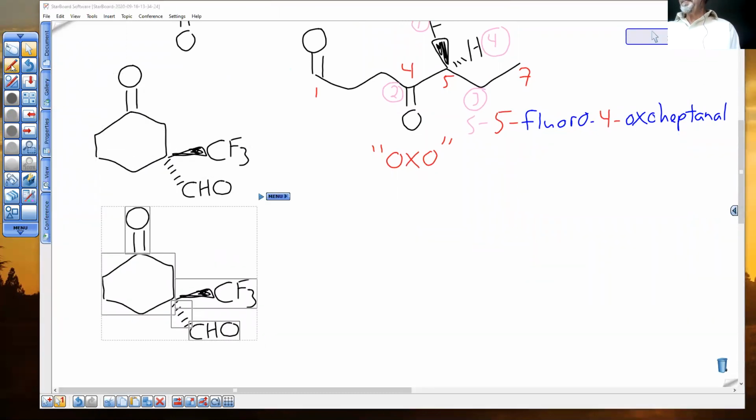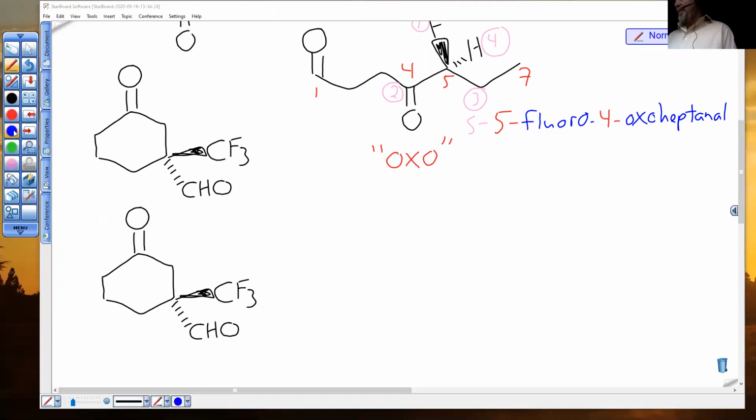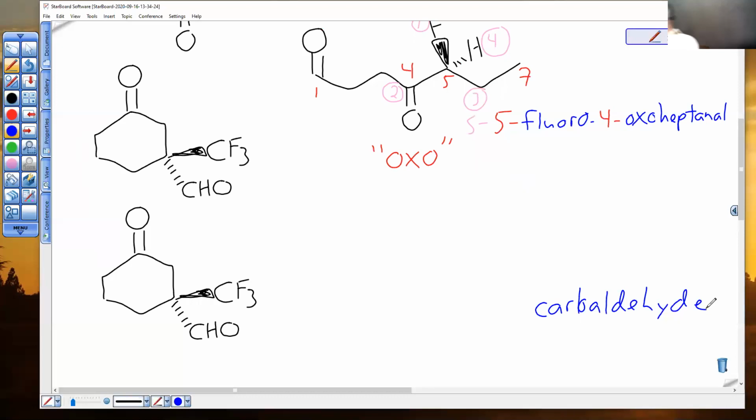All right, so I'm pretty flexible on this molecule. The end is carbaldehyde. We're going to do it 2 ways, and both are going to be fine.